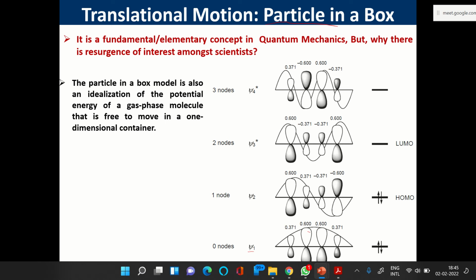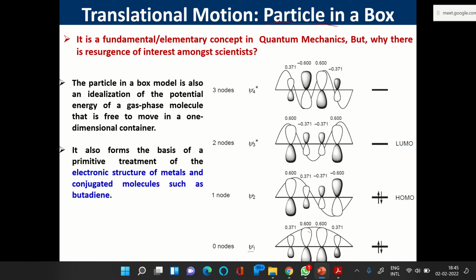There also you apply these principles, and that helps you understand why you are getting that orange color. So one dimensional particle in a box is the model which can be used to understand movement of electrons inside a long chain molecule like this. And the semiconductors I have already talked about.